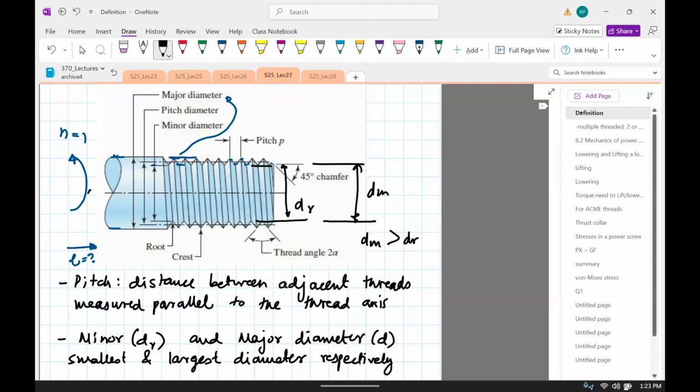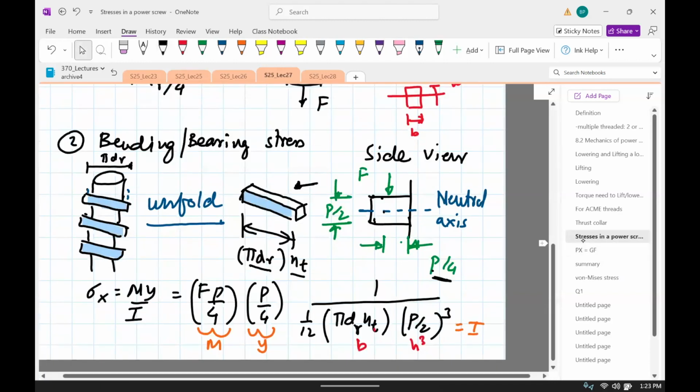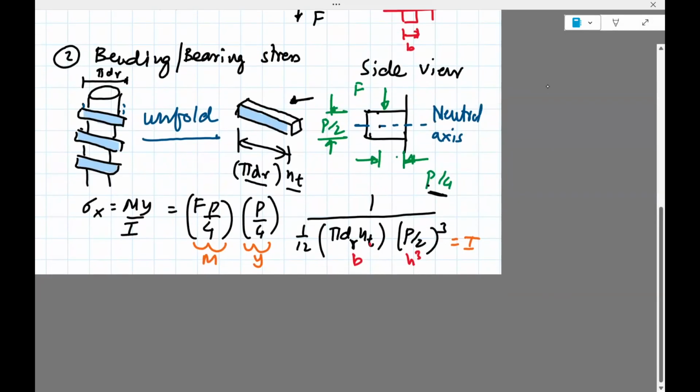Because obviously the mean is greater than the innermost diameter. So if you use the mean diameter here, you'll have smaller stresses because dm and sigma are inversely proportional. So you want to use the minimum possible diameter so that you get the maximum possible stress. So really there's a choice you could make here. We just want to use the minimum one to get the maximum stress, sigma x. That's the reason. You always design based on the worst case.